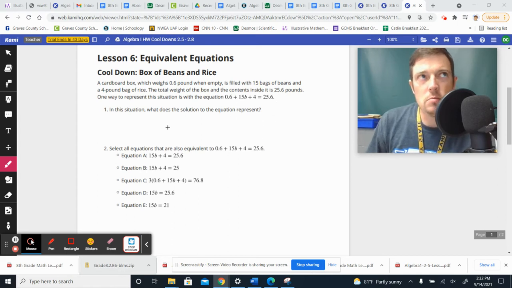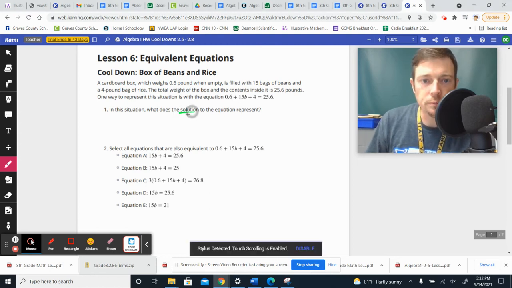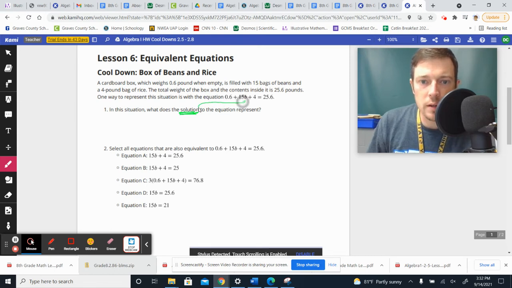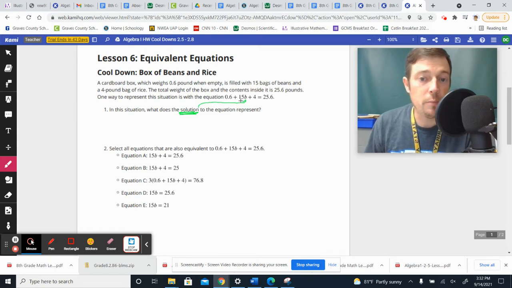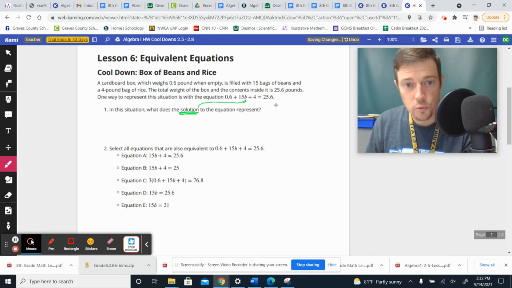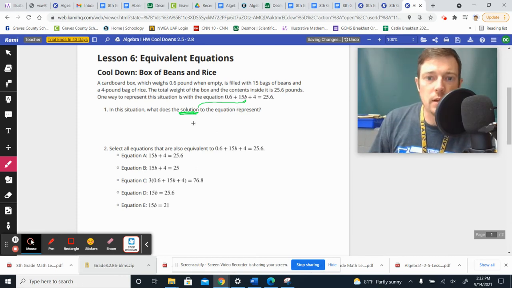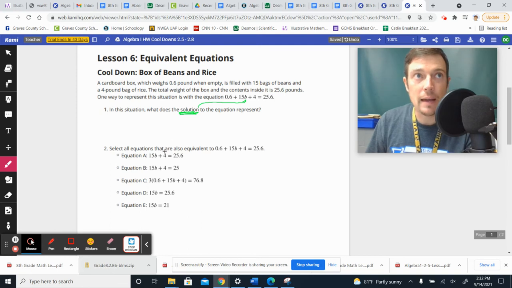And so the first question is, all right, this equation represents the story. What does the solution to the equation represent? Well, the solution would be the number that we can plug in for B that would make this true. And B is representing the weight of a bag of beans.